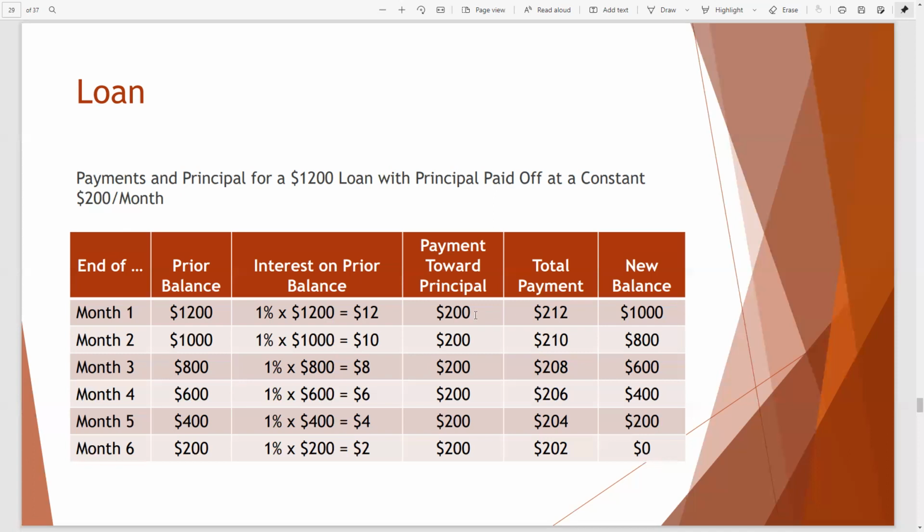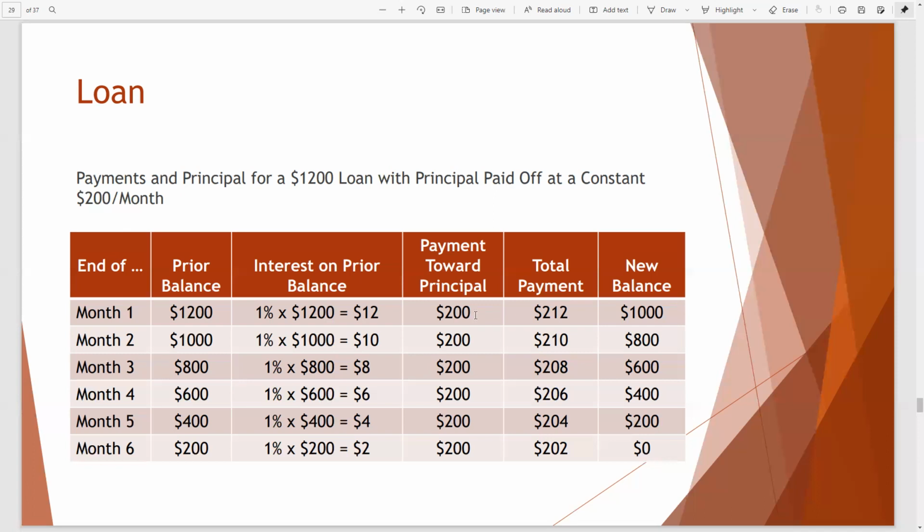Then at the beginning of month 2, you have $1,000 in your balance, and the 1% interest rate during the month is applied to that new principal of $1,000. So that's $10 interest, and you're still paying $200 toward principal.